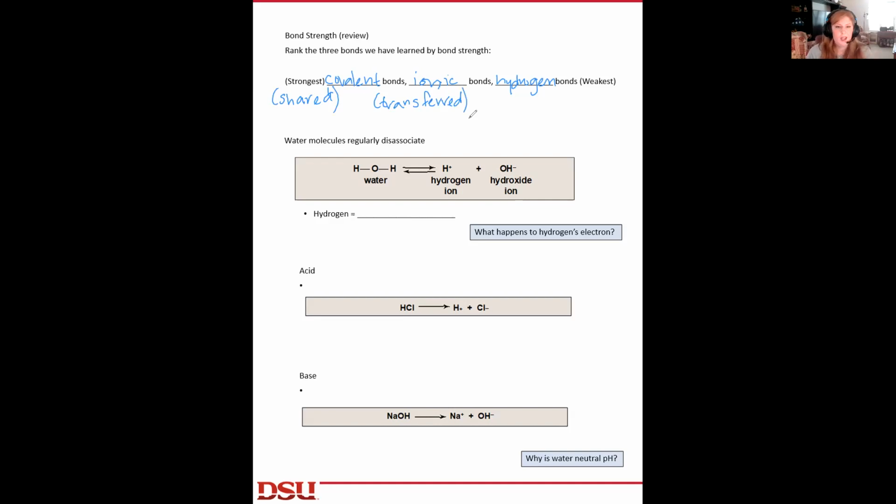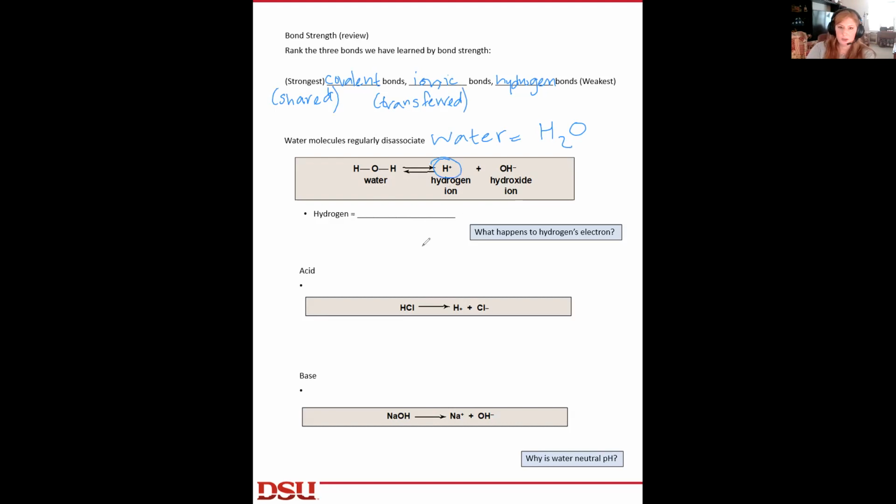All right, water molecules. Water is H2O, right? Well, water can break apart or dissociate. When water breaks apart, what we end up with are two different things.